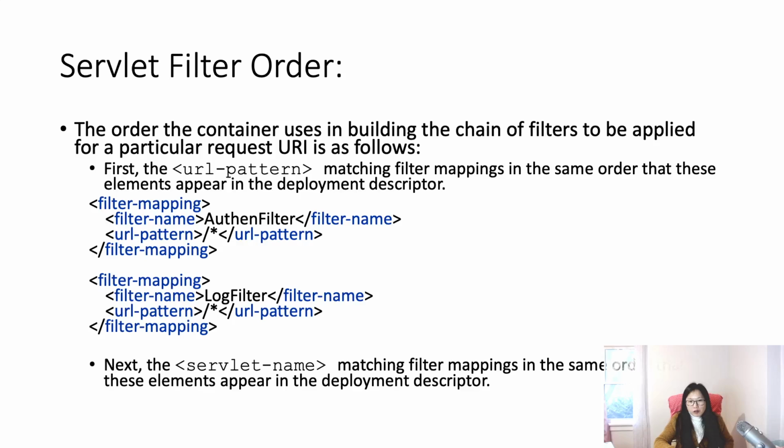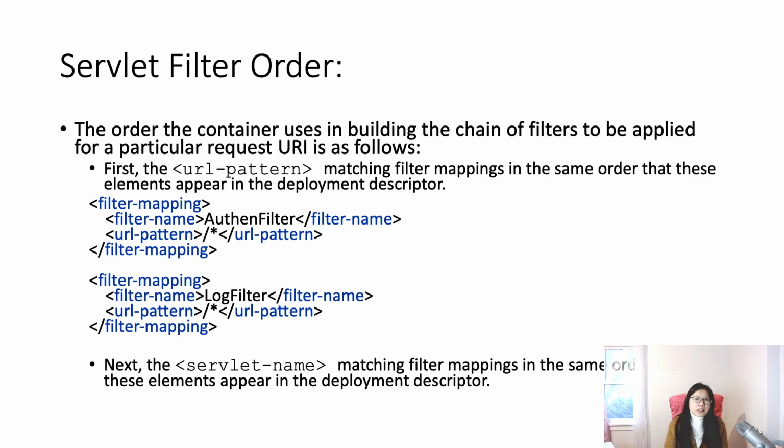Suppose we have a request that comes, and in our web.xml file we have more than one filter, and the URL pattern matches the request URL. Which filter will be invoked, and if both of them are invoked, what's the order?